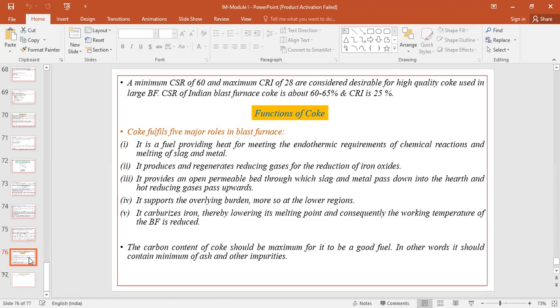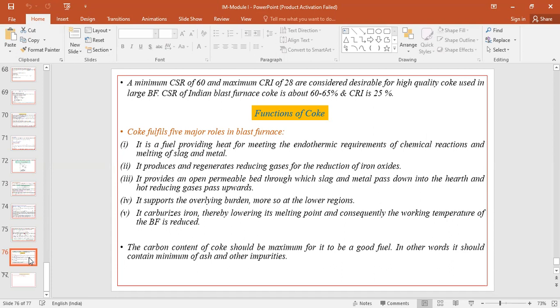And then we discussed how the coke is prepared in the ovens, how the coke making process has evolved, starting with the beehive kind of coke ovens, which were then abandoned, and that led to the evolution of non-recovery coke ovens, and then byproduct coke ovens.